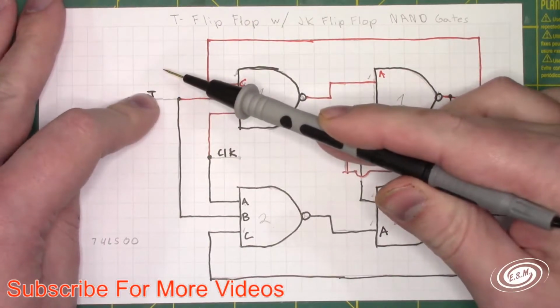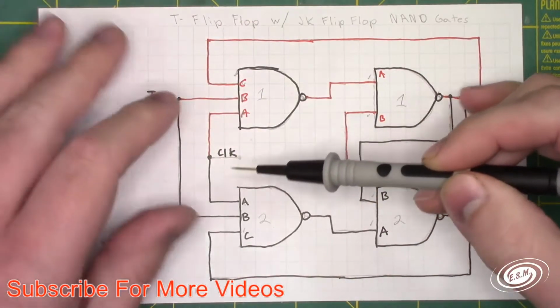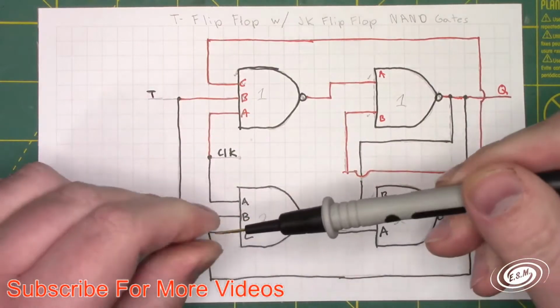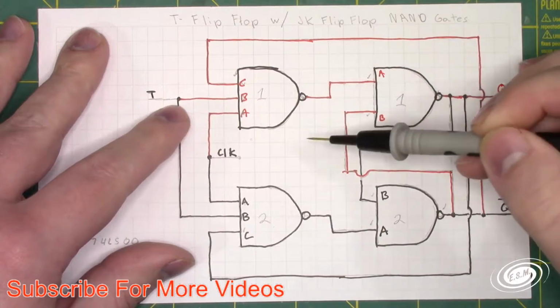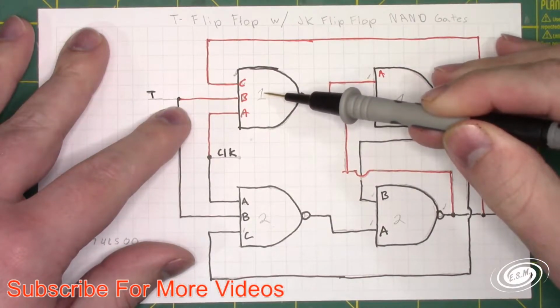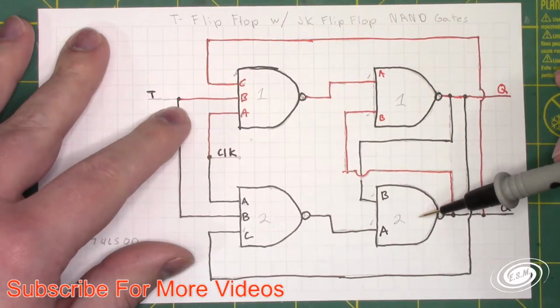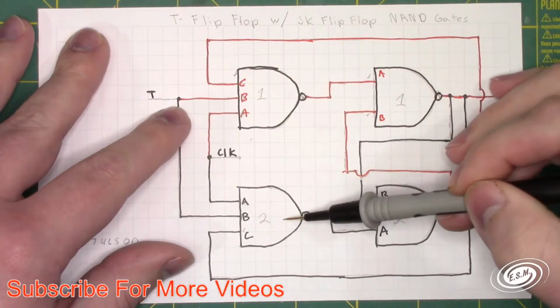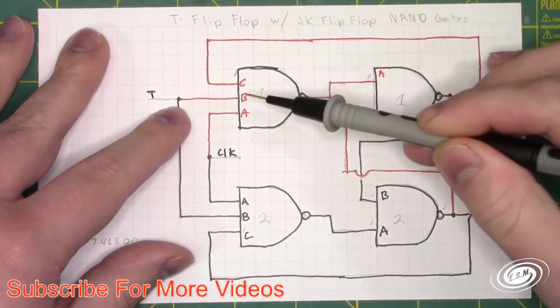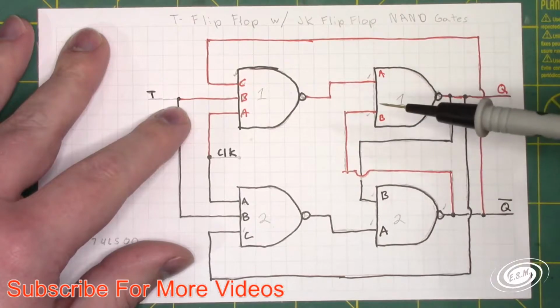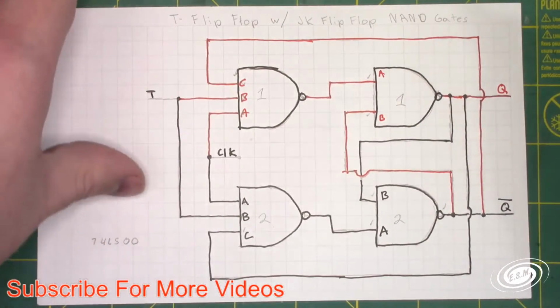So I tie T to 5 volts, and then I'm going to pulse A. With the NAND gates giving me the opposite and everything crossed, one NAND gate is connected to the output of this NAND gate, and vice versa, this one is connected to the output of this one. So it's going to hopefully toggle these, and it does in some respect, just not efficiently.